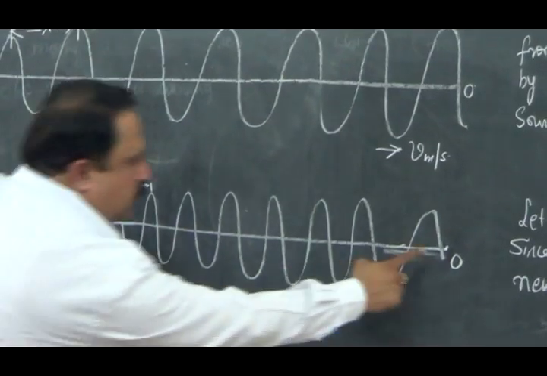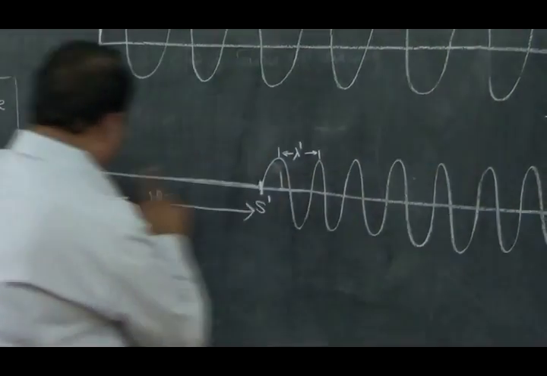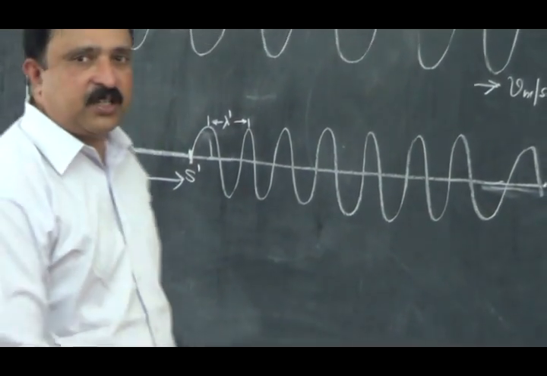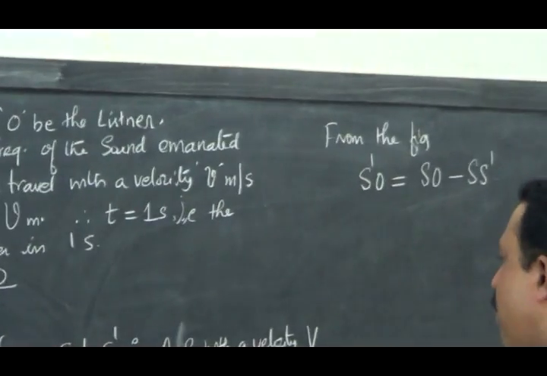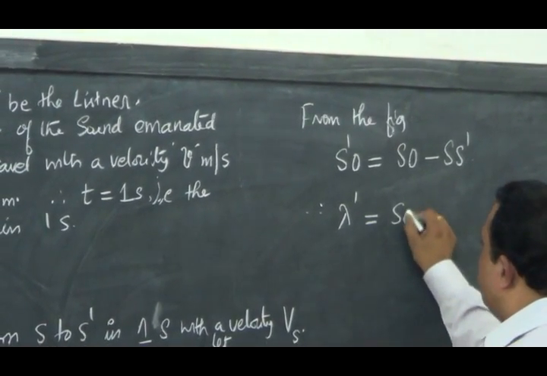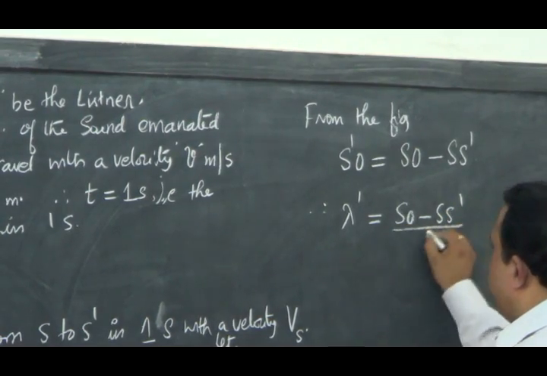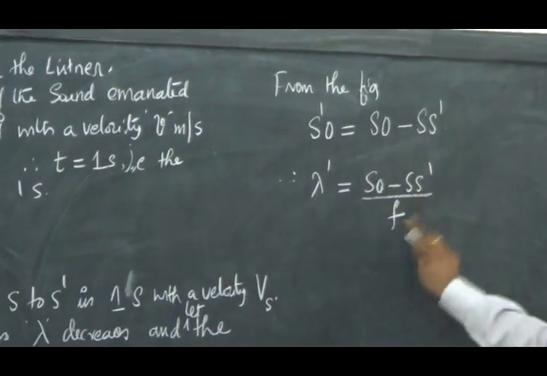S dash O is SO minus SS dash. Can you make it out? Yes. Therefore, lambda dash equals SO minus SS dash divided by f. I have replaced S dash O by its actual value, SO minus SS dash.